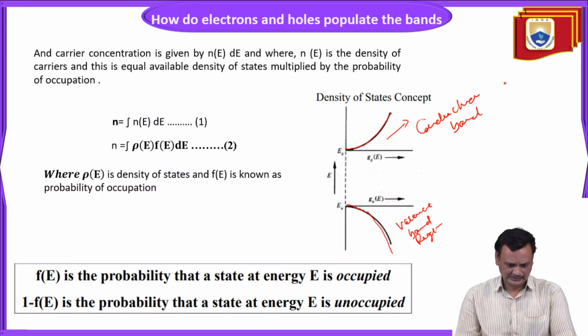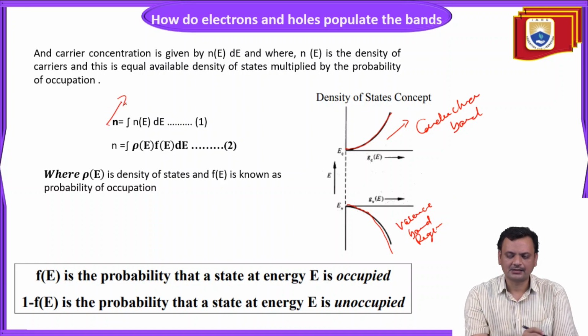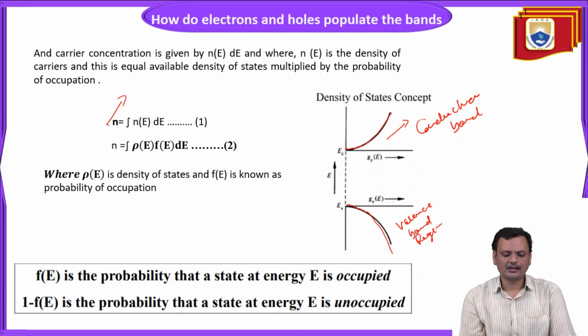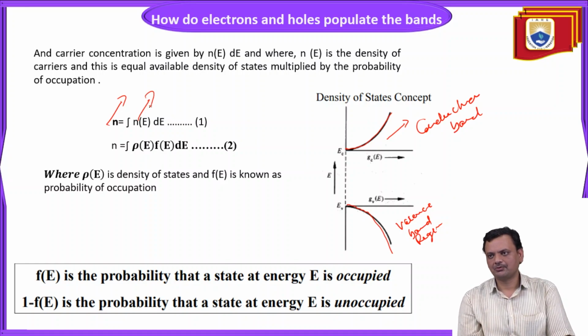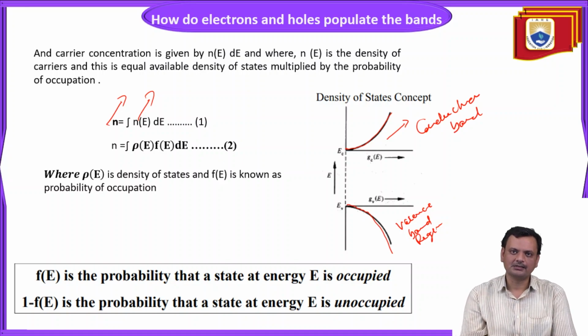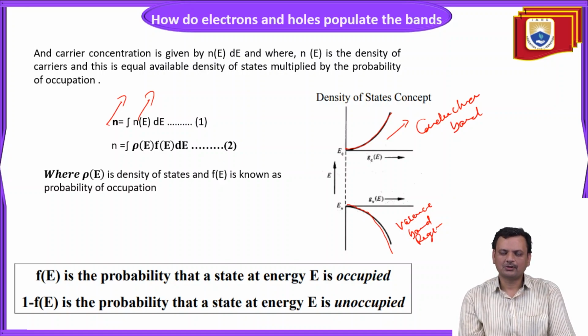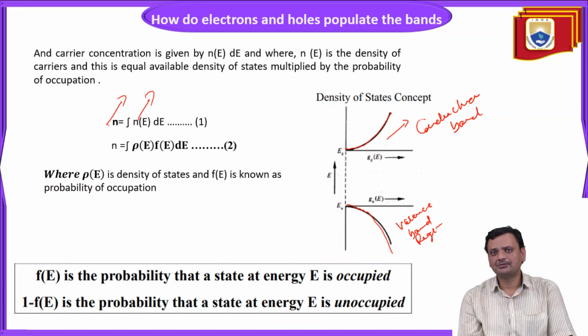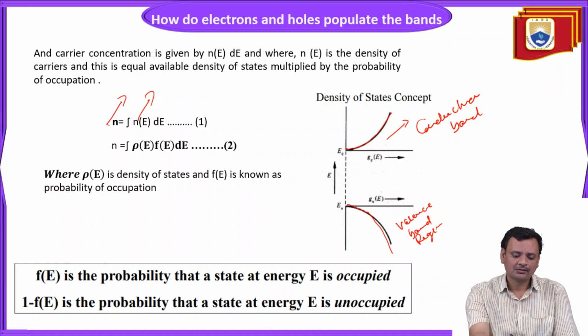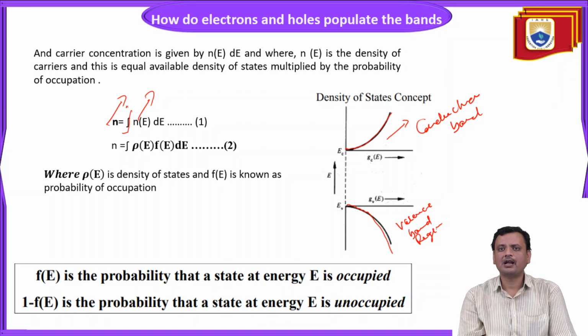See here, N is the carrier concentration, and the formula is N equal to integral of n(E) dE, where n(E) is the density of charge carriers. If you want to calculate the carrier concentration, meaning the total number of available carriers for any particular material, you have to integrate the density of charge carriers over the entire available energy range for the given material.